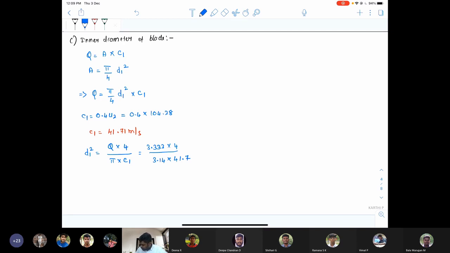On calculation, you will be getting D1 square is equal to 0.10179 and D1 will be equal to 0.319 meter. On conversion to centimeter, the value of D1 is equal to 31.9 centimeter. So we have also found the inner diameter of the blade.